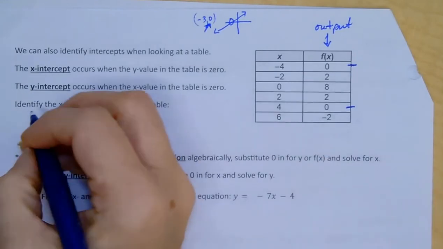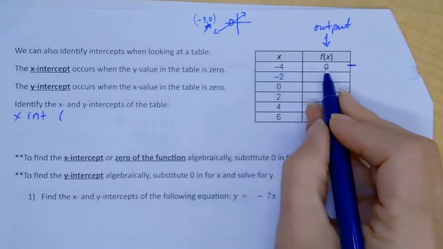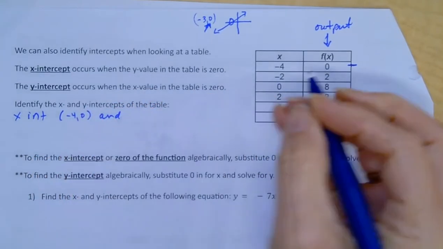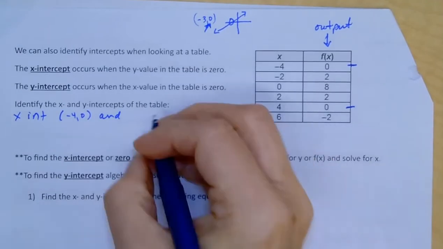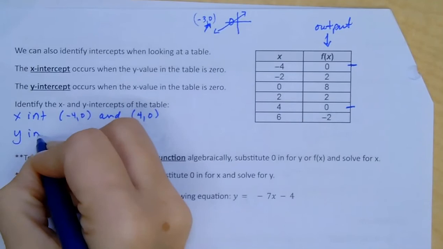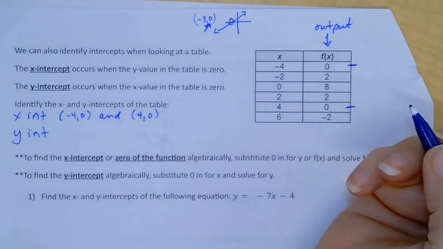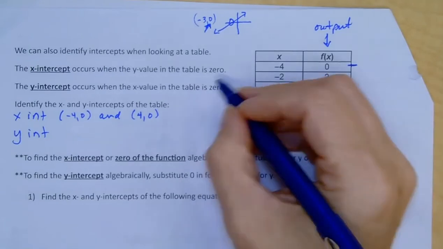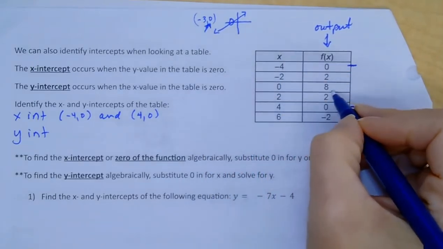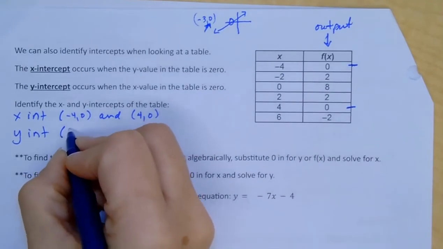So if I identify the x-intercepts, I'm going to say one of them is (-4, 0). And the other one is down here at (4, 0). It also asked me to find my y-intercept. So I know the y-intercept is where I have a 0 in the x position. So in my input. If my input is 0, my output is 8. So that's my y-intercept, (0, 8).